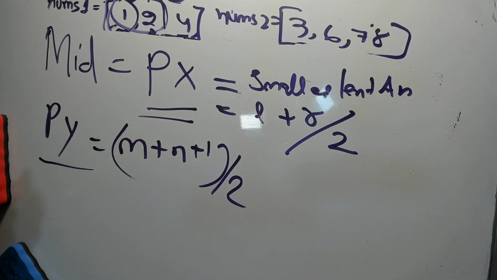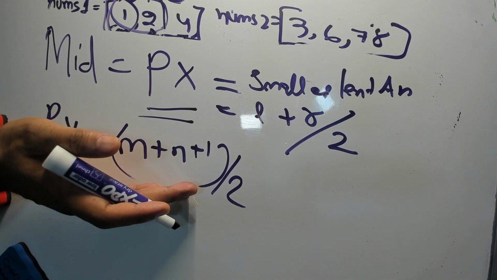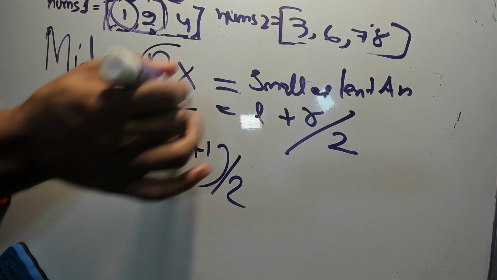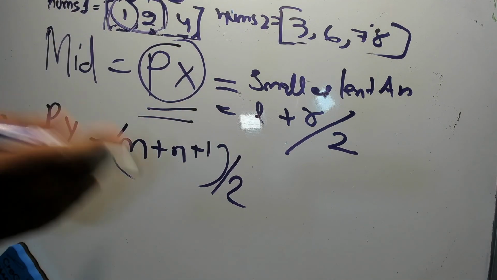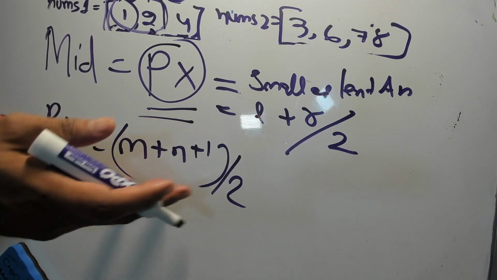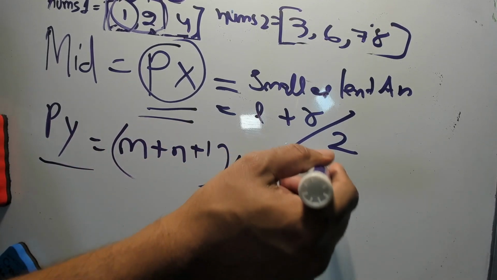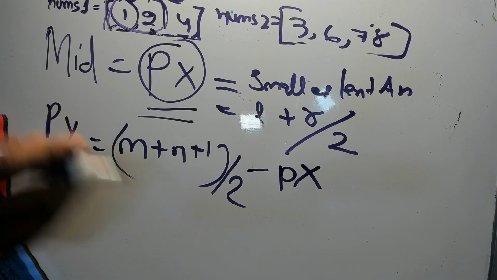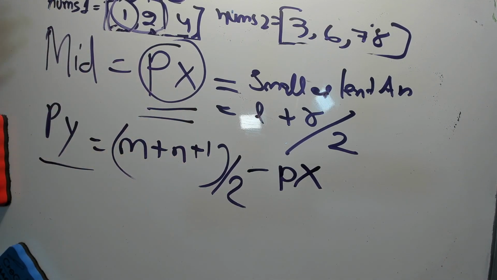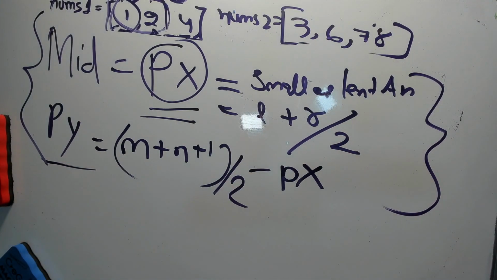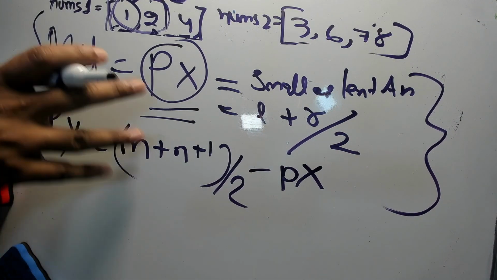Then we are saying that this many items should be picked up from nums2, but we already picked something for px, so we have to subtract that from py. So this is the main thing. Everything else falls into place after that.